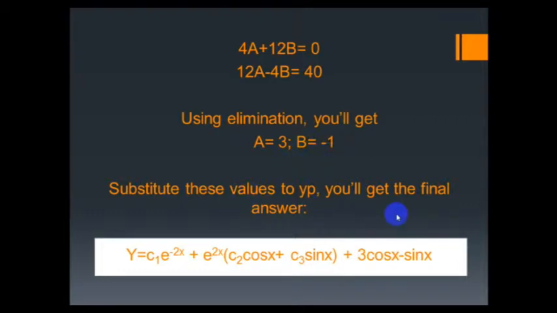Substituting these values into your particular solution, you'll get 3 cos x - sin x. Now that you have both your yc and yp, your general solution would be y = c1 e^(-2x) + e^(2x)(c2 cos x + c3 sin x) + 3 cos x - sin x.